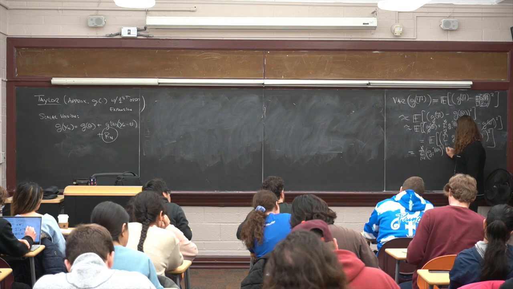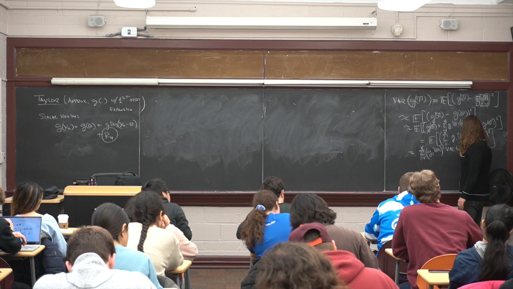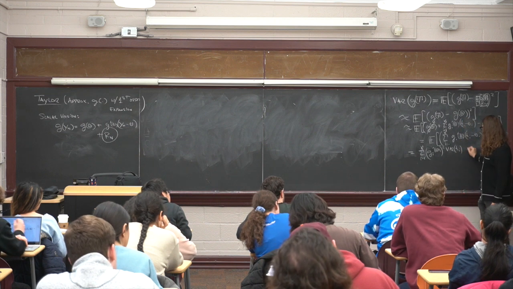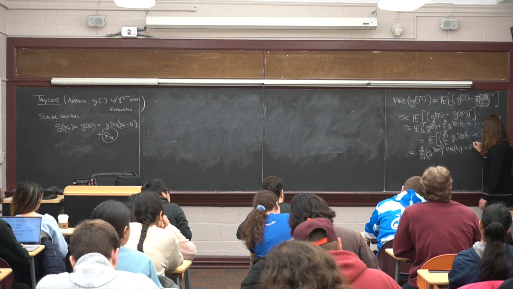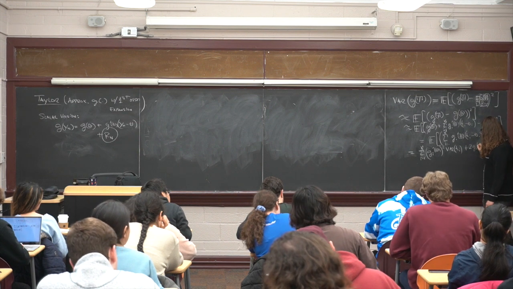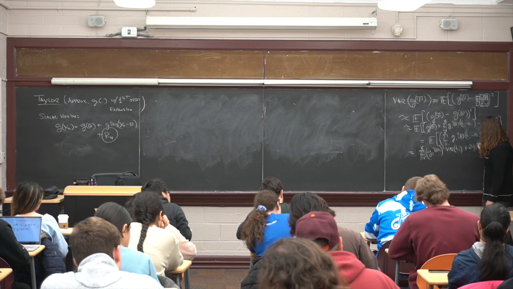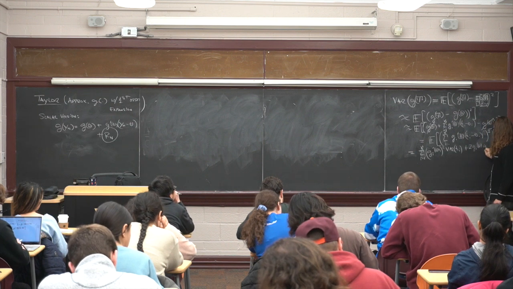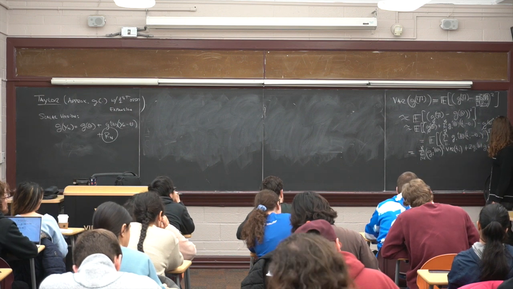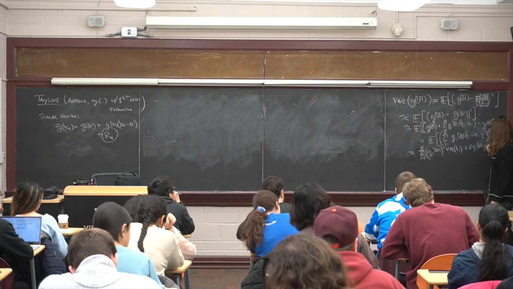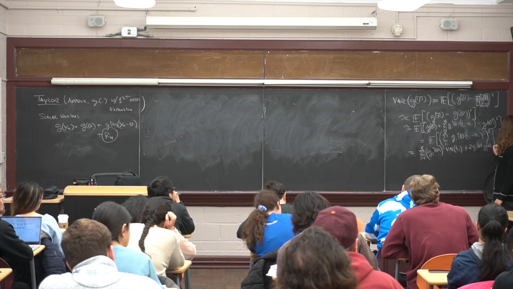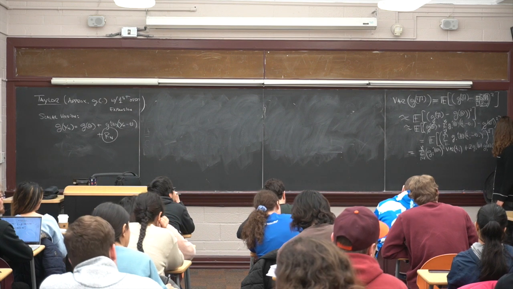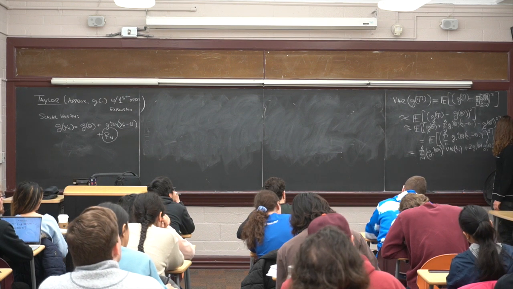This gets squared. This is the variance of the T_i's plus 2 times G_i prime theta, G_j prime theta, times the covariance of T_i, T_j.